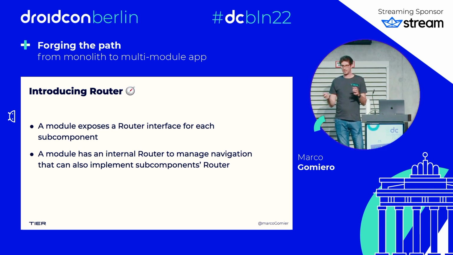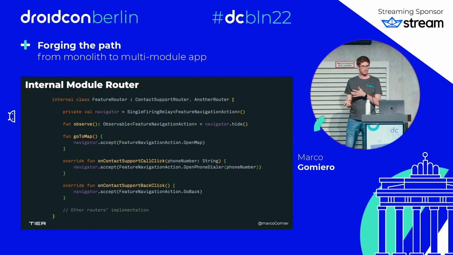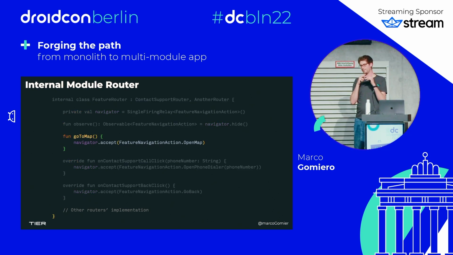So, a lot of fancy words, and let's see some code that is more clear than words. For this specific feature, we have an internal router that is handling internal navigation.